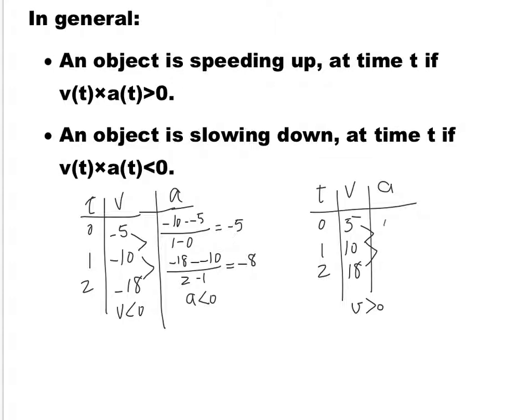The first one is 10 minus 5 divided by 1 minus 0, which gives us 5. The next one is 18 minus 10 divided by 2 minus 1, which is 8. You can see the acceleration is also positive. And again, the same case: the object is speeding up. So these two are examples of the first case. The acceleration and velocity are in the same direction and the object is speeding up.